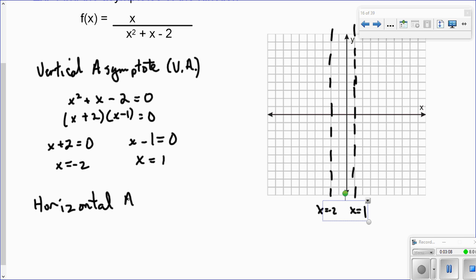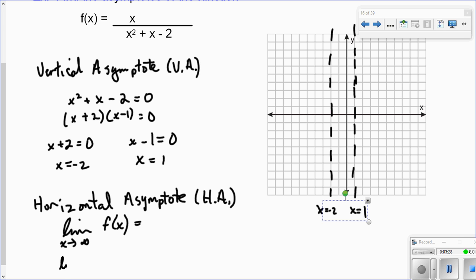As you look out over the horizon, you're looking at endpoints here. Now, what we're looking at is always this. By definition, a horizontal asymptote is the limit as x approaches infinity of my function, and the limit as x approaches -infinity of my function.